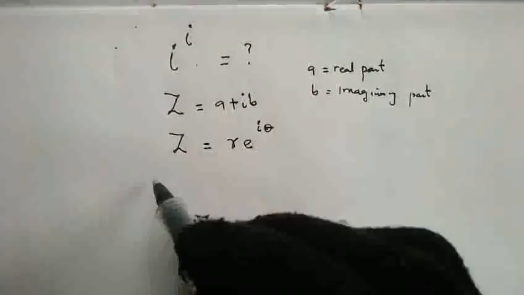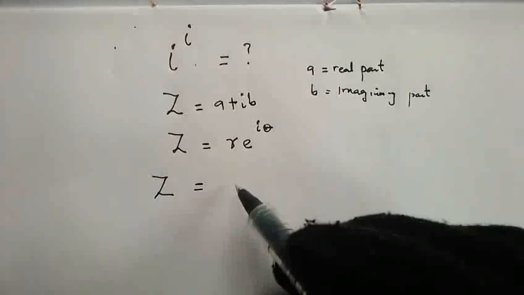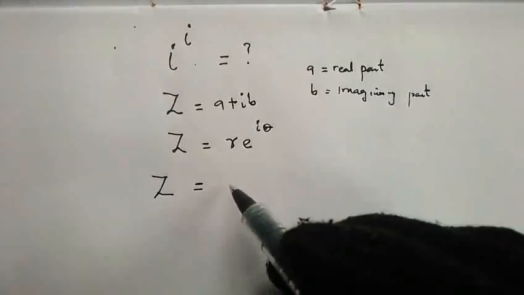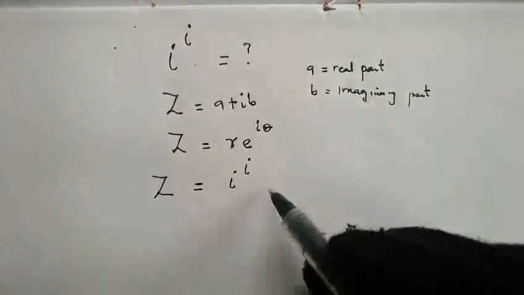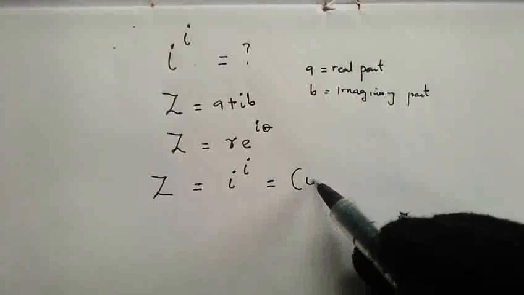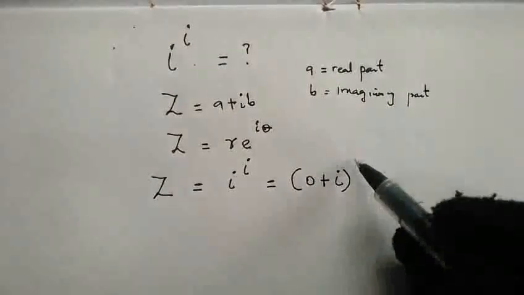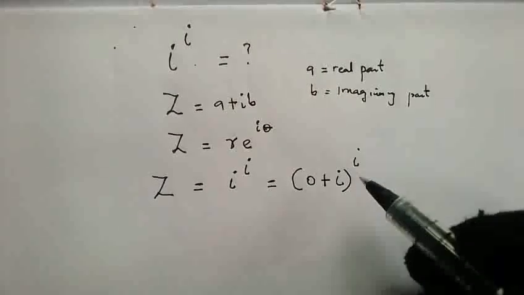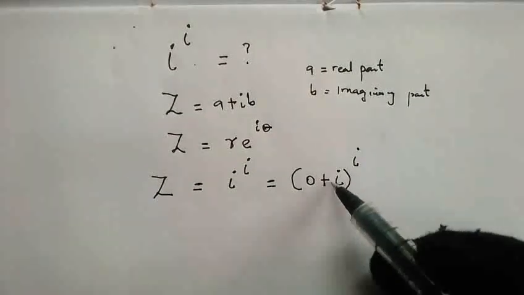So here let us say that our z is equal to I raised to I, and this I raised to I can be rewritten as 0 plus I in brackets, then raised to I. So maintaining a real part, which is 0, and an imaginary part, which is 1.